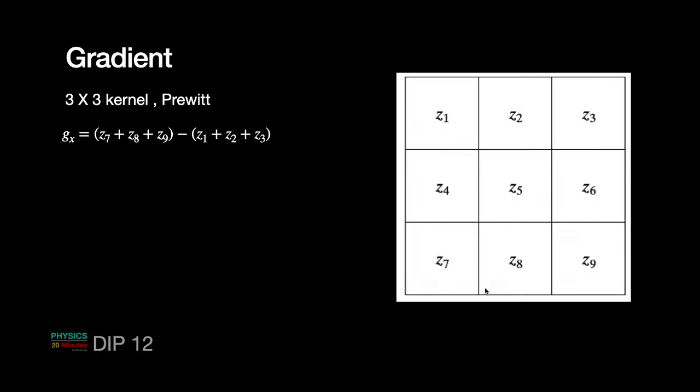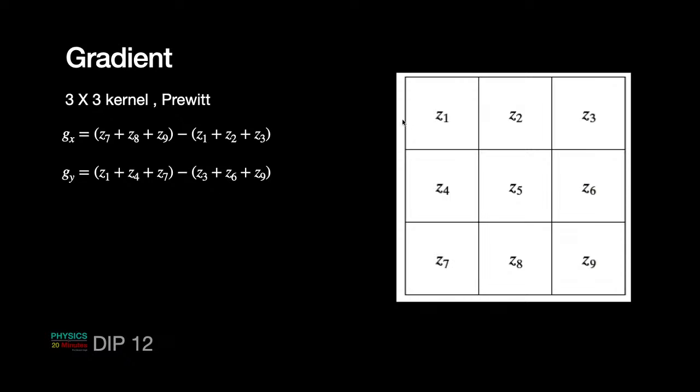If I do that, I am subtracting elements of this row from the elements of this row, and in this way I am finding out whether there is any gradient in this vertical direction. So that can be done. Now how do I implement it? Well, this is along the x-axis. How along the y-axis? I can subtract the elements of the last column from the elements of the first one. If I do that, I will get the difference and hence the gradient.